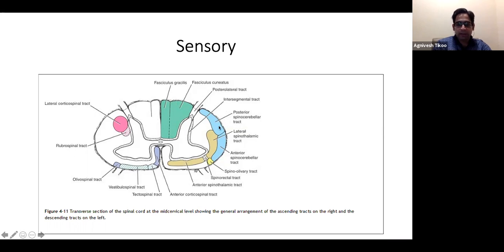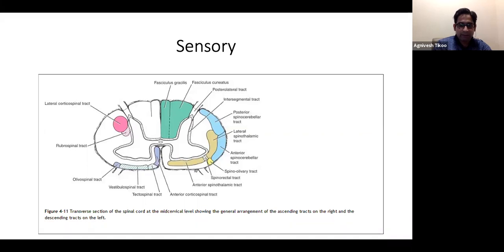Whenever you describe a Brown-Séquard syndrome, you have to say at the level of the lesion and then below the level of the lesion. At the level of the lesion, since the tracts enter from this side only, both will be gone. So if you have a hemitransection of the cord at D10 level on the left side, at the left side you will have loss of all sensations, pain, temperature, fine touch and everything.